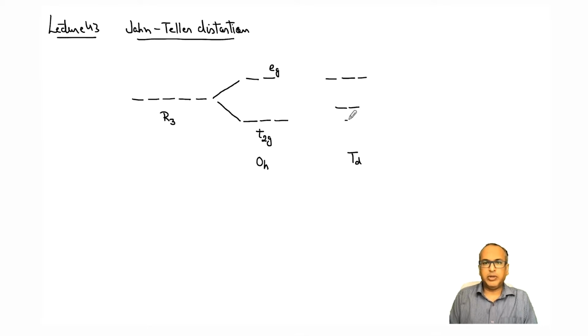And how do we do that? This is done by T2, E and T2. In case of Td, there is no g here, E and T2, right?